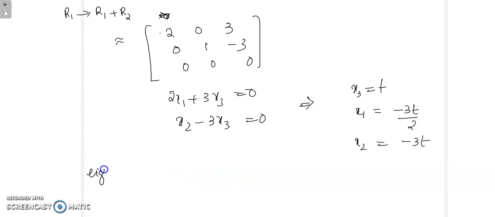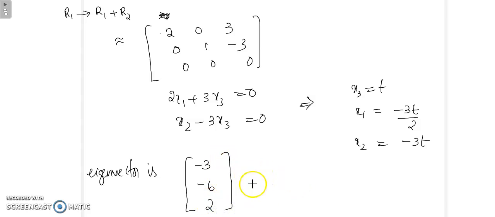So the eigenvector is minus 3, 6 and 2. So that is the eigenvector corresponding to lambda equal to 5. So those are the corresponding eigenvalues and eigenvectors.